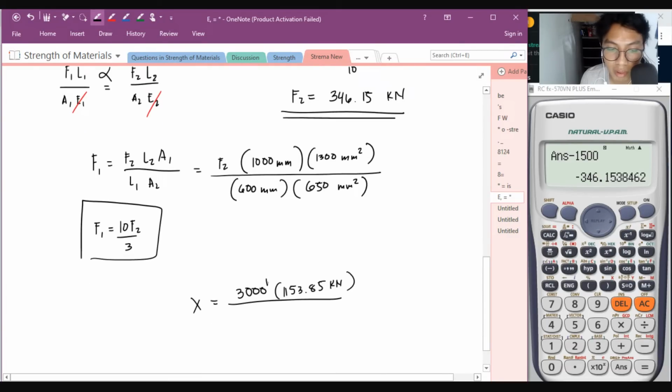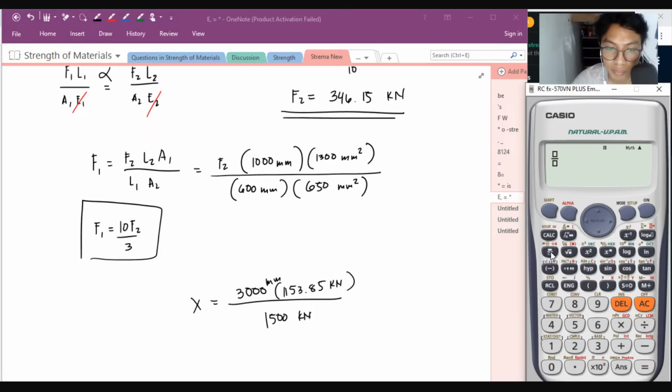Ito mm to eh. Multiplied lang by 2. So, X will be 3,000 times 1153.85 over 1.5. Para minultiply ko lang ng 2. So, the answer is 2307.7.